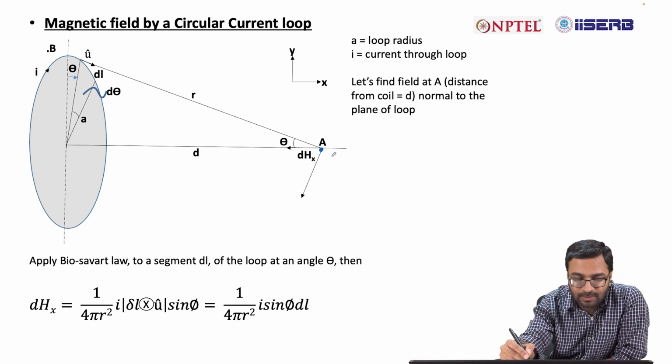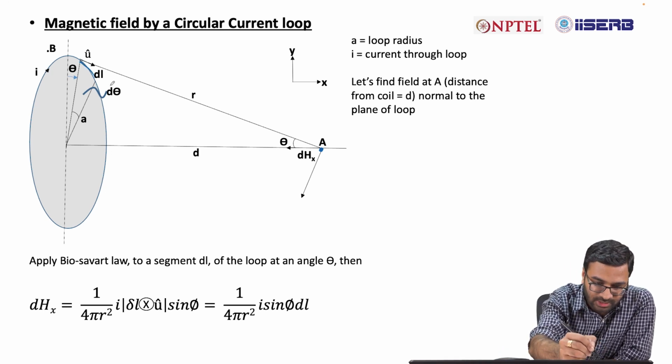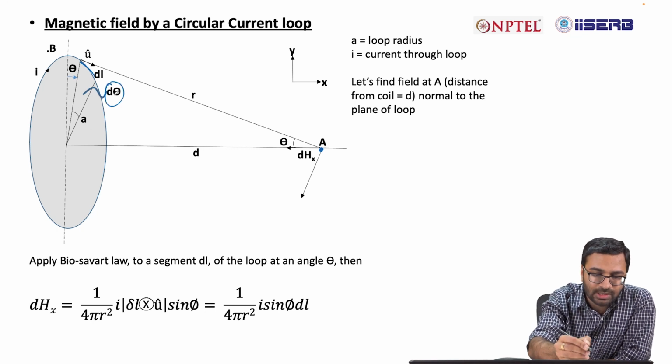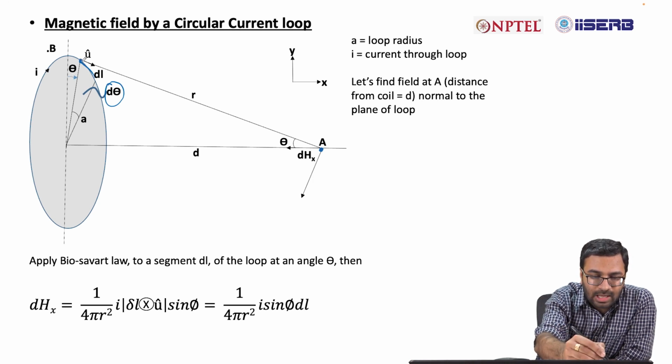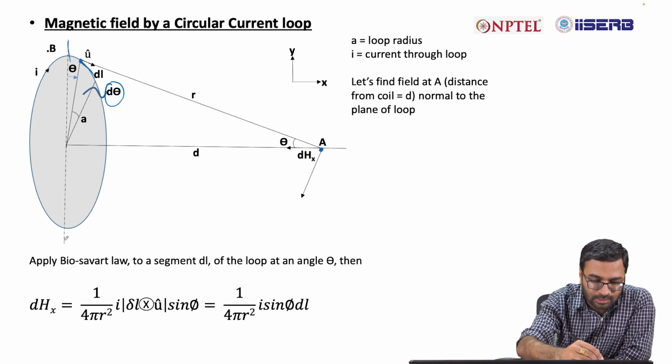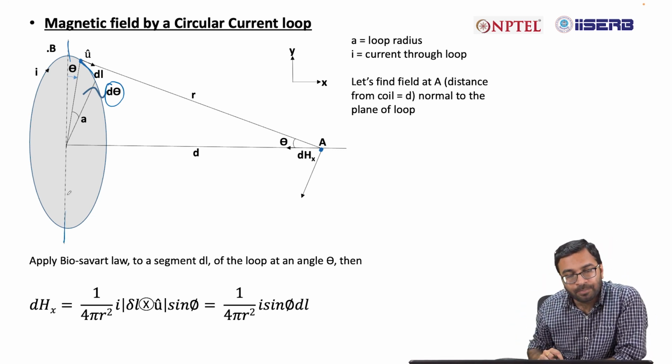So, in this case again you can apply Biot Savart's law. Here also you take a small distance dl, which will create a d theta, and say this point is theta angle away from this middle line, or say axisymmetric line.